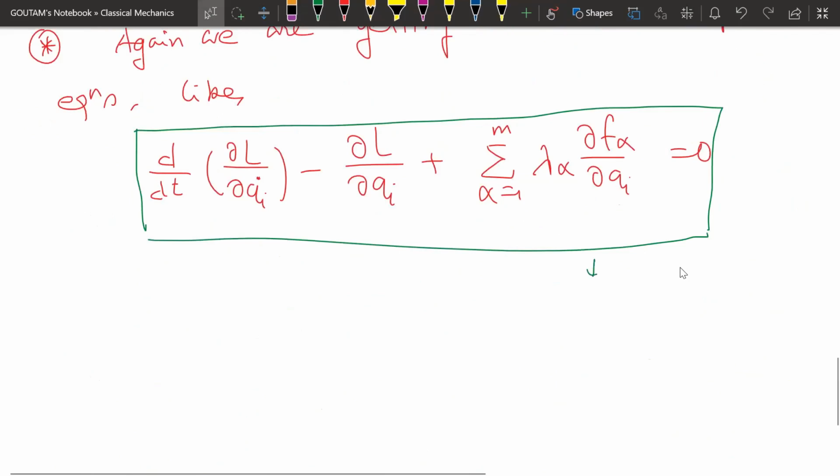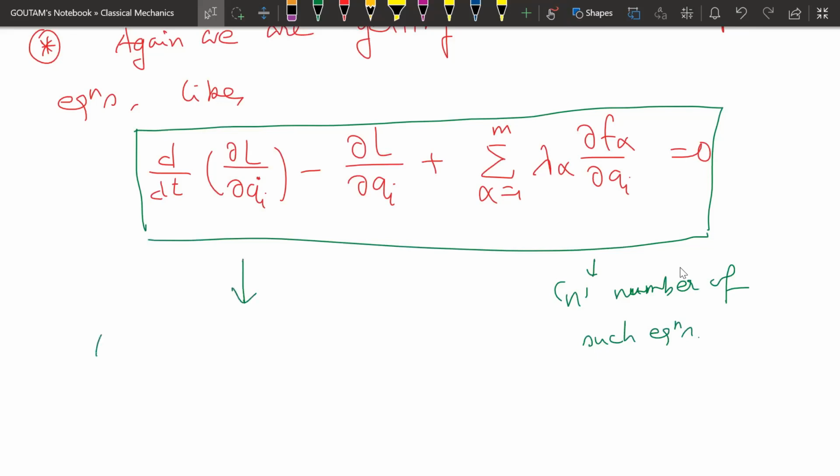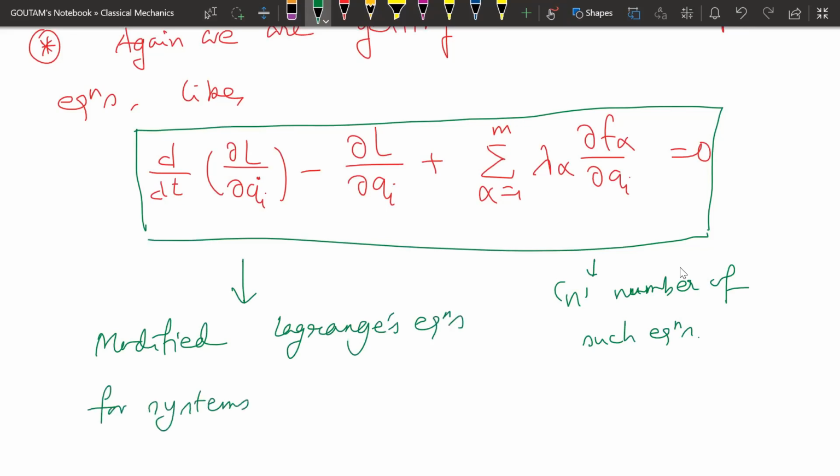So these are n number of such equations, and these are the modified Lagrange's equations for systems with constraints. It's a very important equation, and there are a lot of different kinds of applications of this.